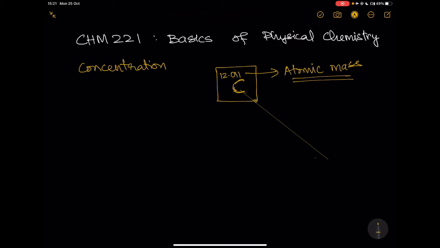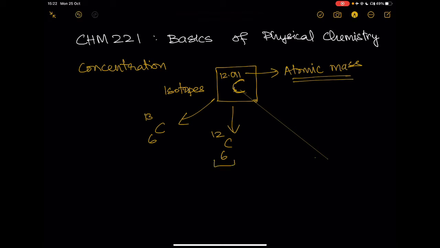This comes up due to the fact that for a given element, it could have isotopes. That means it will have the same atomic number, but different mass numbers. And these isotopes could be present at different isotopic abundance. So what do we mean by that?